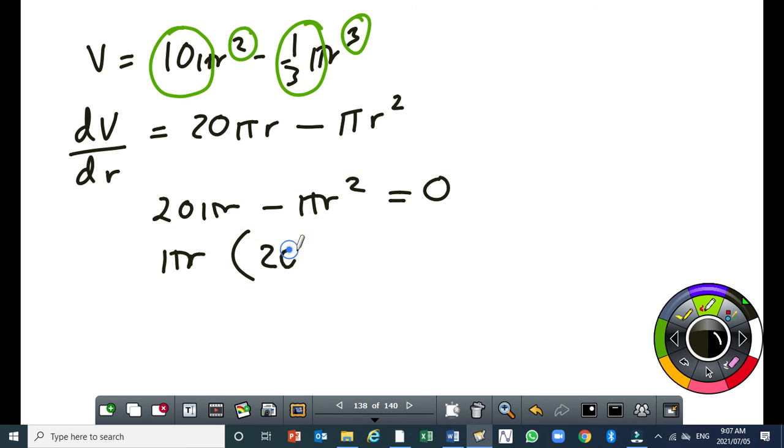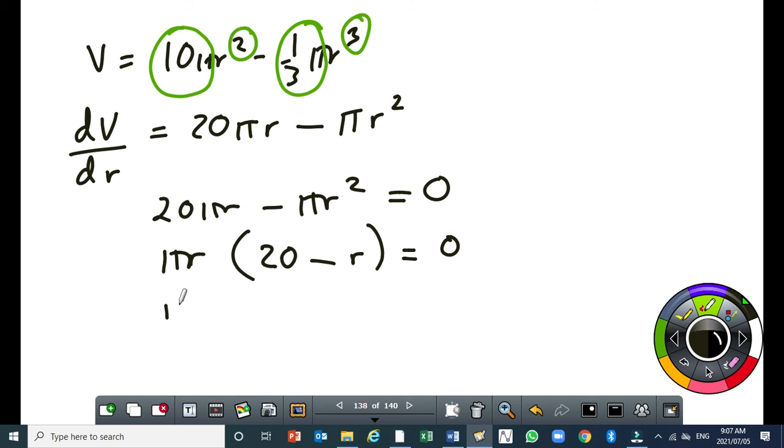So I'll end up having 20 minus r equal to 0. The other way is to take minus pi r squared to the right, then divide both sides by pi, the pi will cancel out, then you find the r.